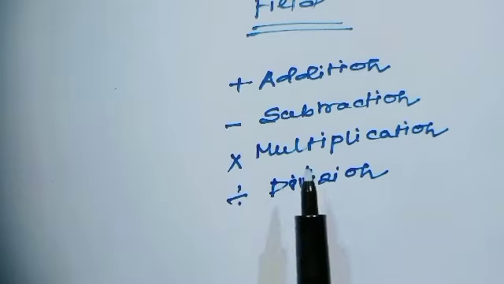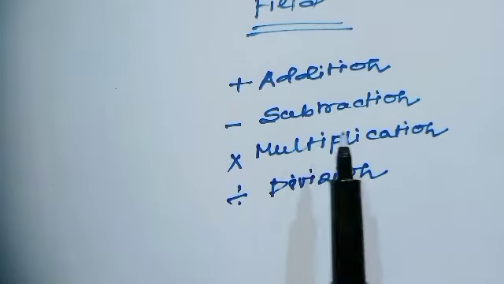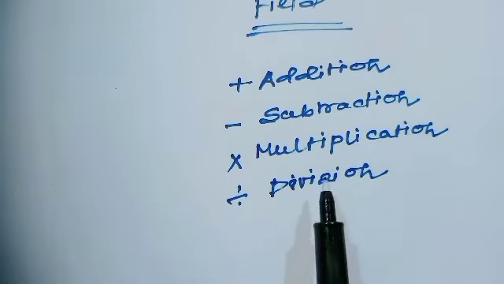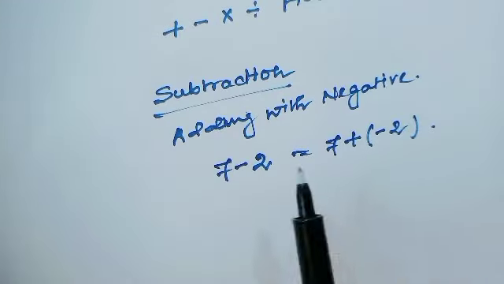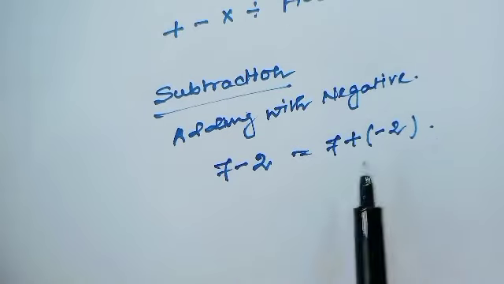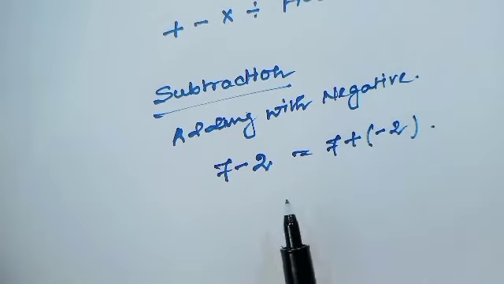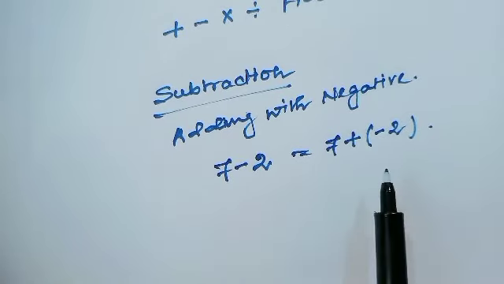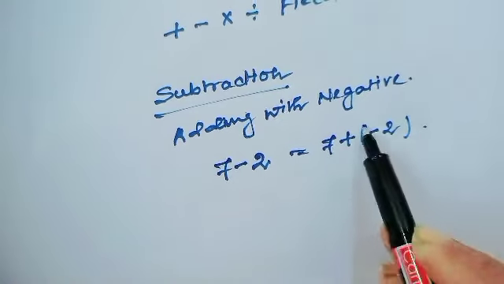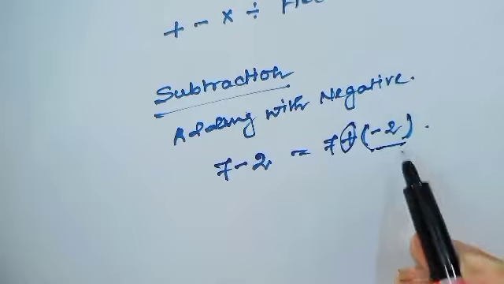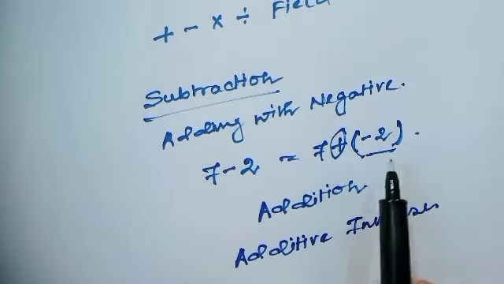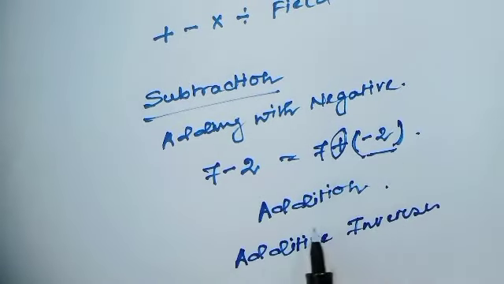In abstract algebra, there are 4 operations: addition, subtraction, multiplication and division. In abstract algebra, subtraction means addition with a negative number. 7 minus 2 means 7 plus minus 2. Here the operations are actually addition and additive inverses.